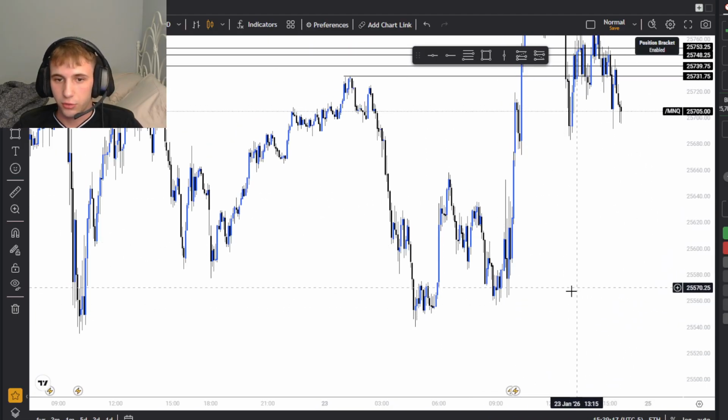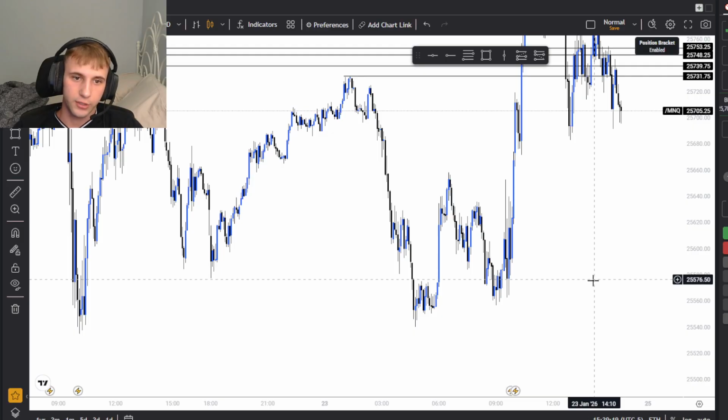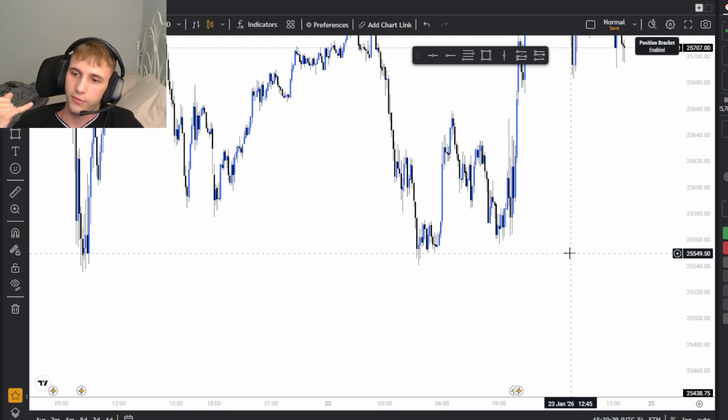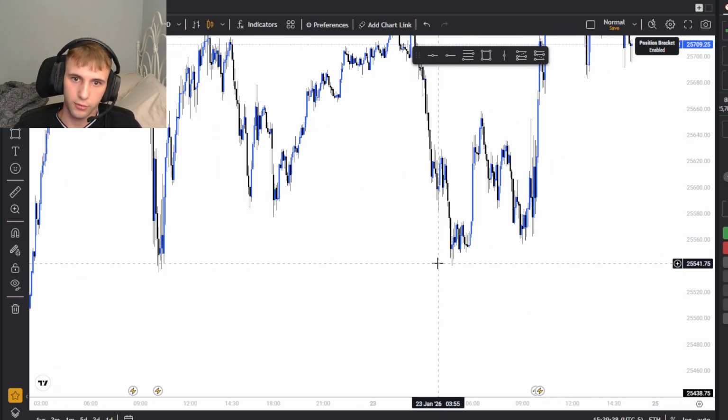Sure, can you just place orders based off of lows that are significant? Yeah. But then not only are your entries going to be maybe not the best, but you would also need to have very large stops to accommodate, because you don't know when price is going to reverse.